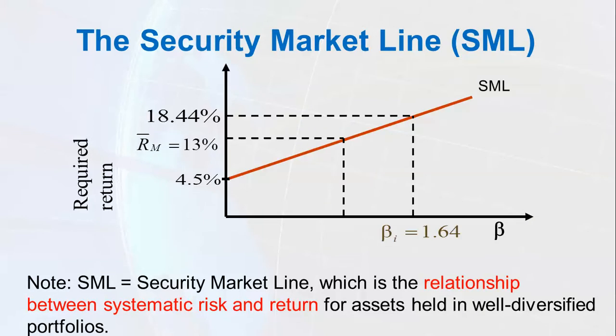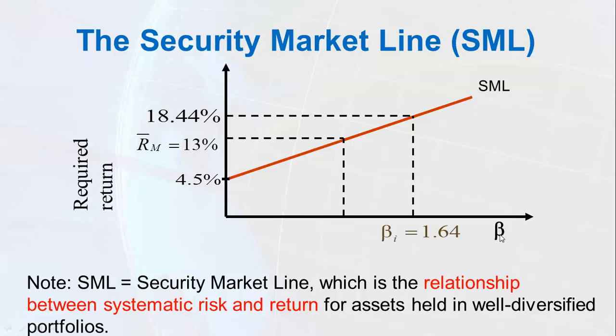All right, so when you plot beta and its required rate of return, you can create the security market line. Okay, so the security market line is gonna show you a risk-return relationship.